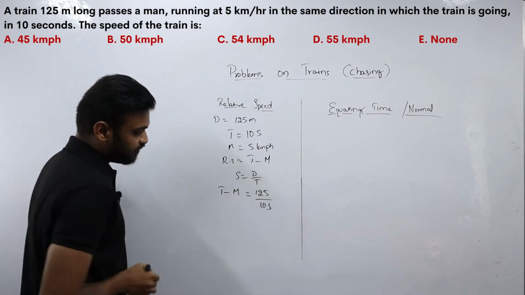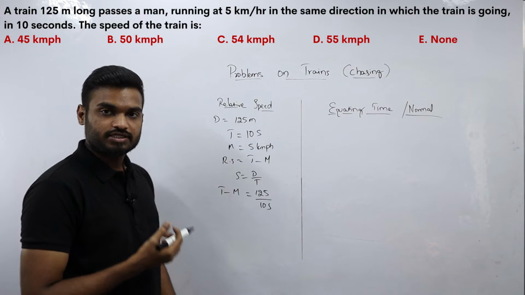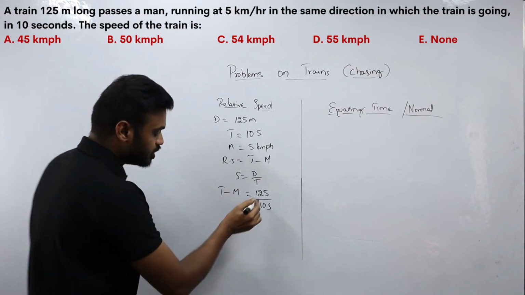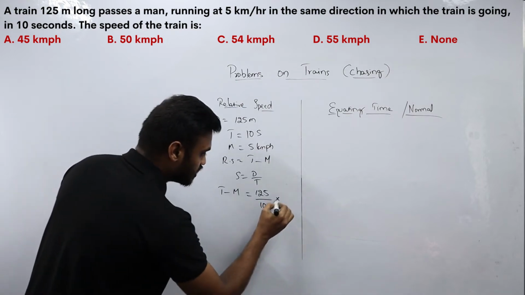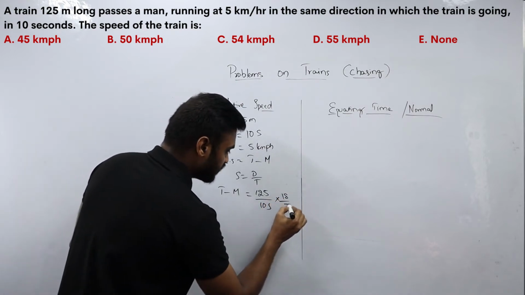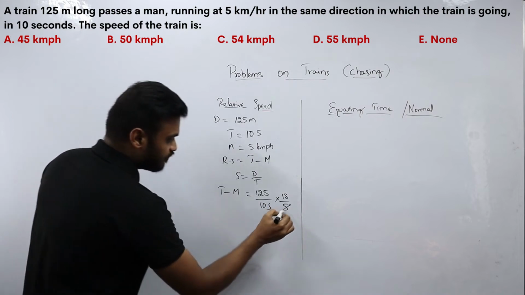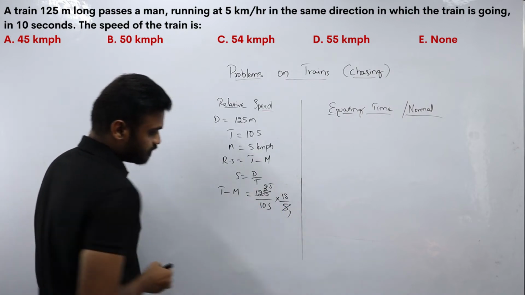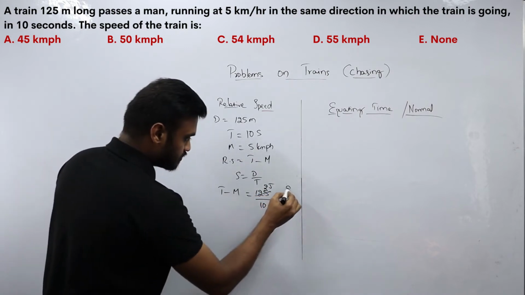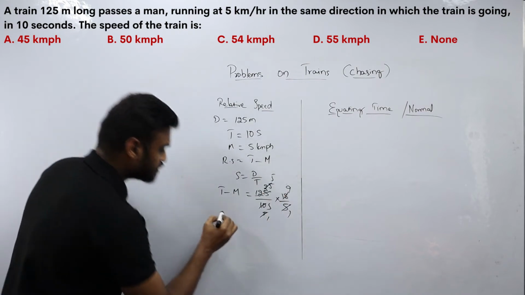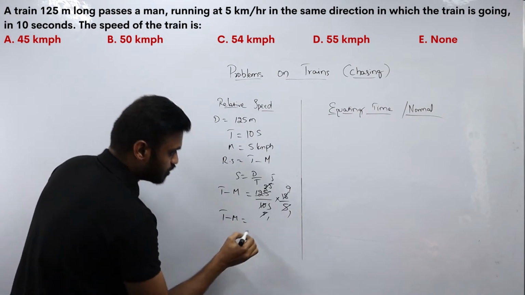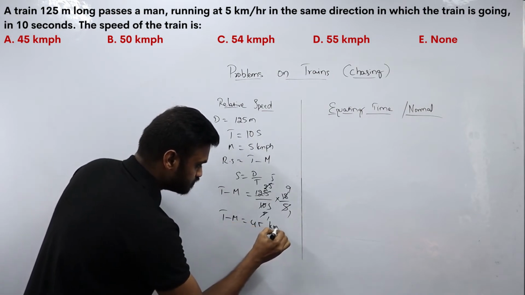Now this is in meters per second, but in the answers it is in kilometers per hour. So we need to convert this 125 by 10 into kilometers per hour. How can we convert it? By multiplying with 18 by 5. So 5 ones are 5, 5 twos are 10 and 5 fives are 25, and 2 nines are 18, 2 fives are 10. So we get train speed minus man speed equal to 45 km per hour.